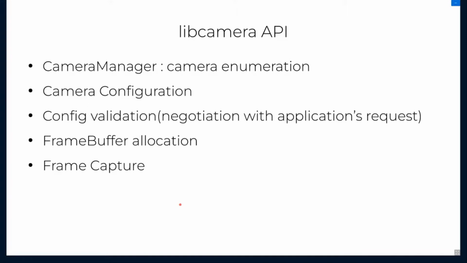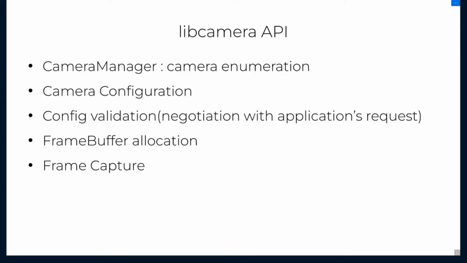We have config validation: suppose an application wants to capture a specific format or at a specific resolution, the application can request it through the configuration, and it will be sent back to the camera for validation. After that, it's just allocating some buffers for the data being written. And finally, we have the frame capture.